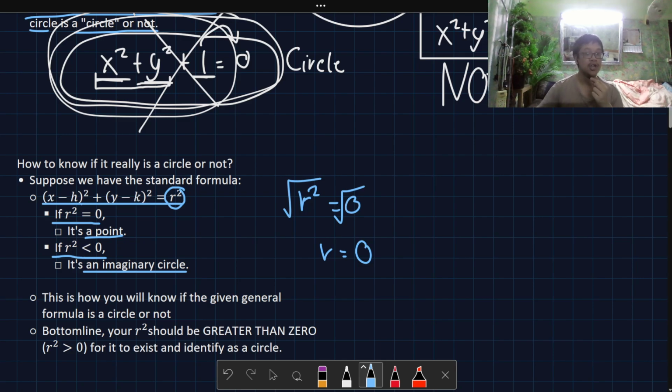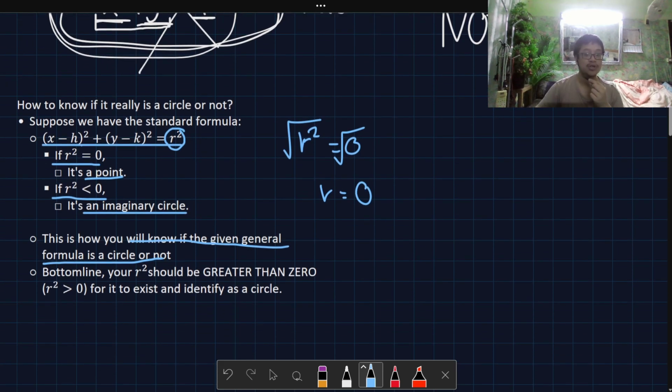So in here, you will now know if the general formula is a circle or not. Bottom line, your r squared should be greater than 0 for it to exist and be identified as a circle. There, that answers the question. How would you know if the general formula of the circle is really a circle or not?